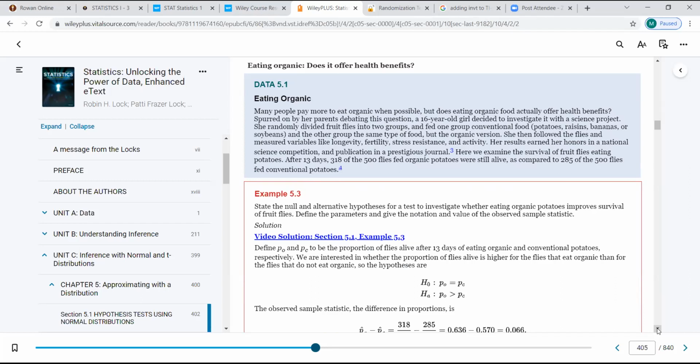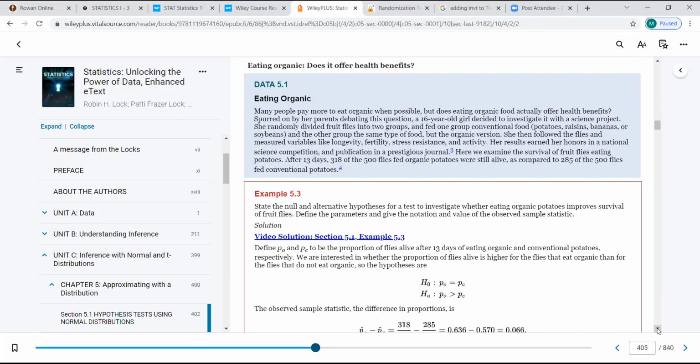It's called Eating Organic. It says many people pay more to eat organic when possible, but does eating organic food actually offer health benefits? Spurred on by her parents debating this question, a 16-year-old girl decided to investigate it with a science project.